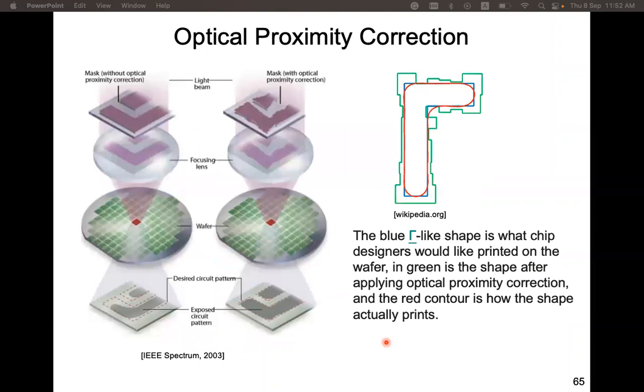And here is an illustration of this OPC technique. So the blue rectangle, blue shape pattern, is the desirable pattern that we want to create on the photoresist.